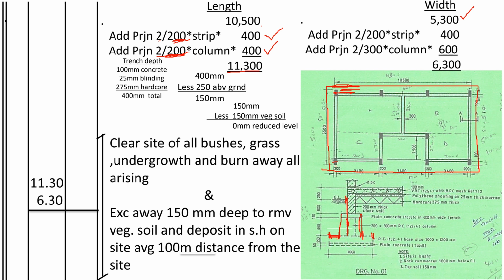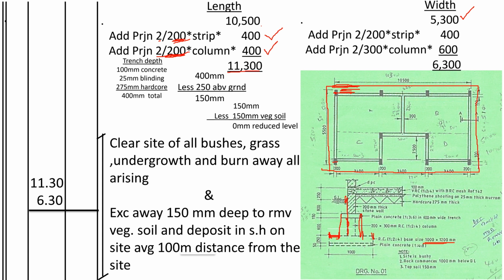Then the strip foundation. You can see that our column base is here. Column base is 1,000 by 1,200 millimeters. So for the wind side, you should be able to see that the column shall be 300, unlike the length side, which was 200.